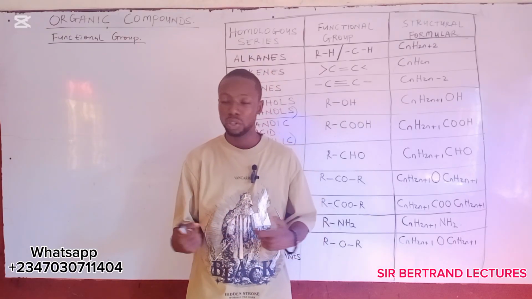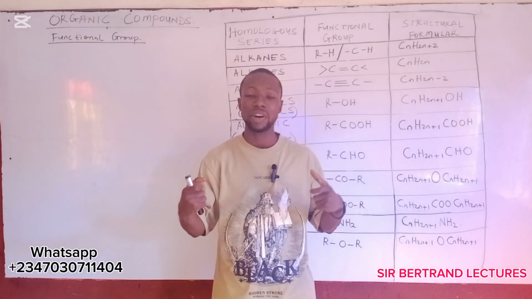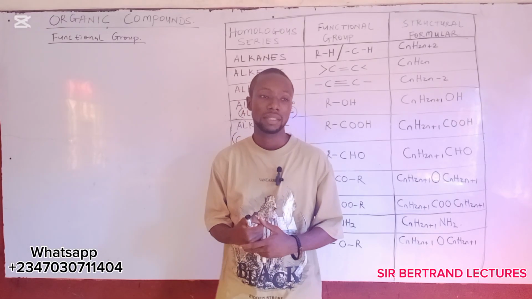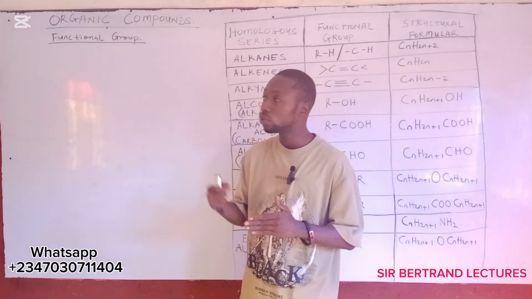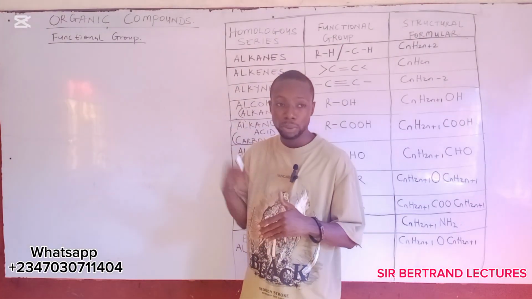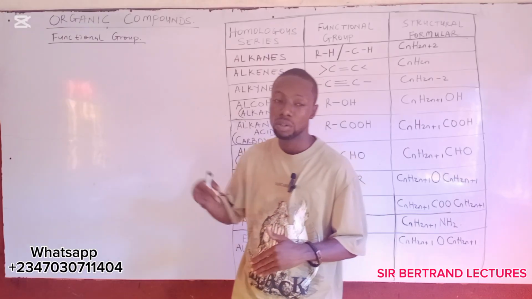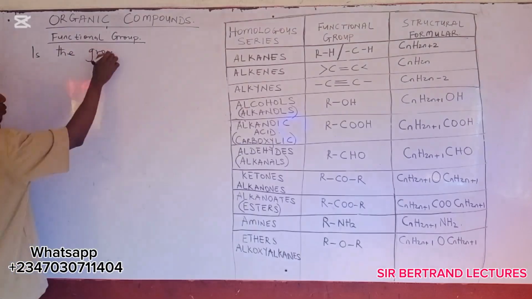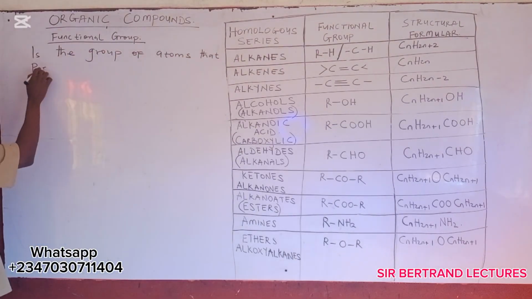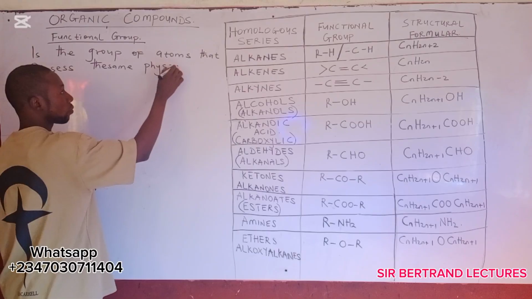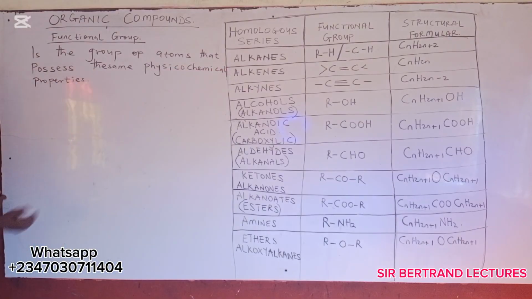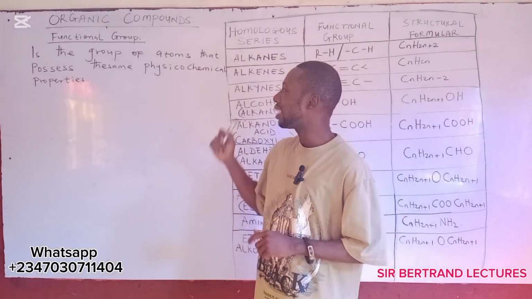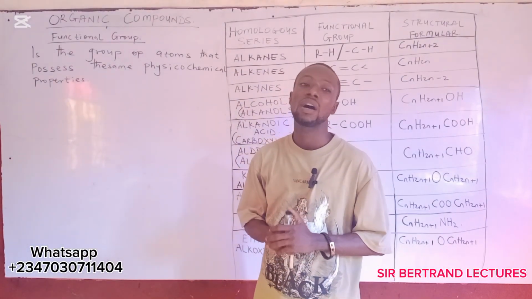In other words, a functional group is the group of atoms that possess the same physical and chemical properties. This means that compounds that belong to the same functional group possess the same physical and chemical properties.